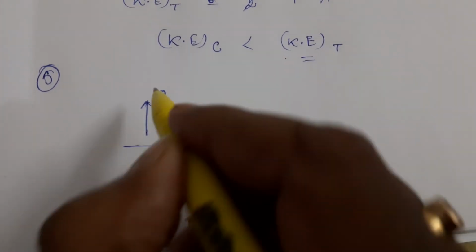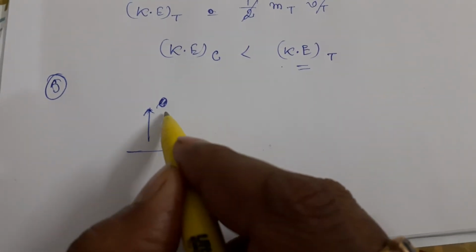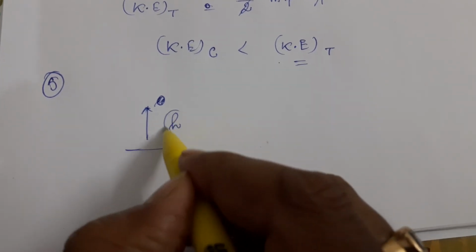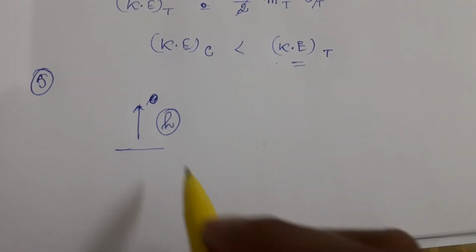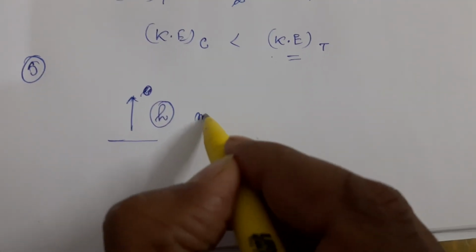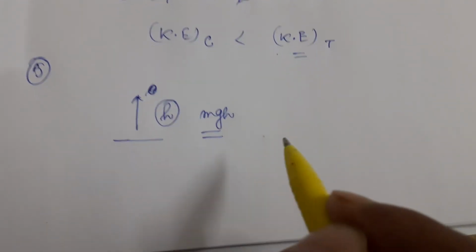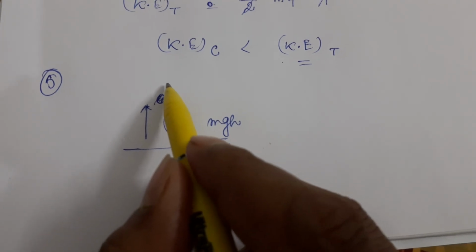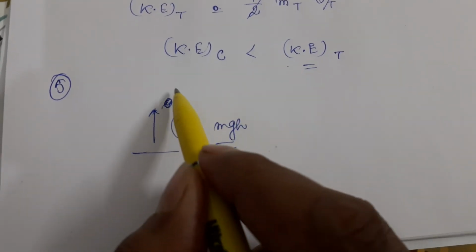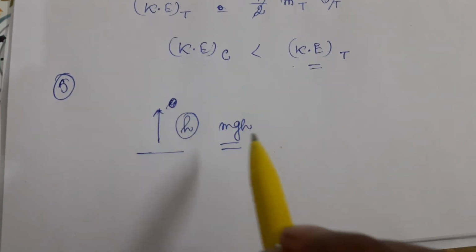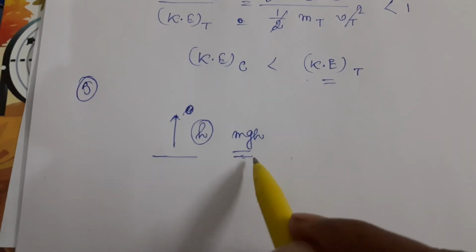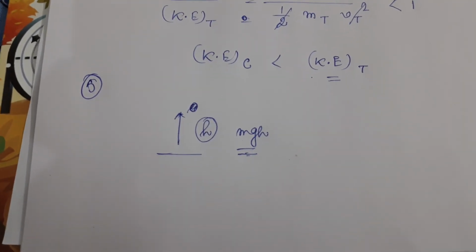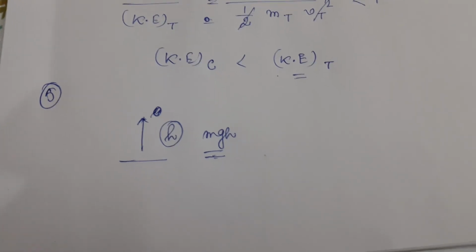As the ball goes upward, its height is continuously increasing, so mgh is increasing, which means potential energy is continuously increasing. When it reaches the top and comes to rest, at that instant its potential energy will be maximum and kinetic energy will be minimum.